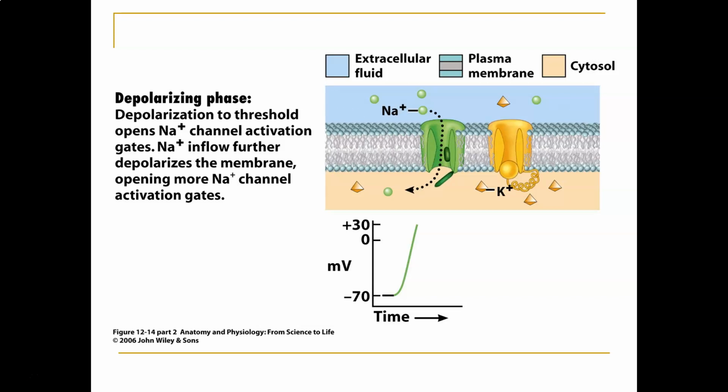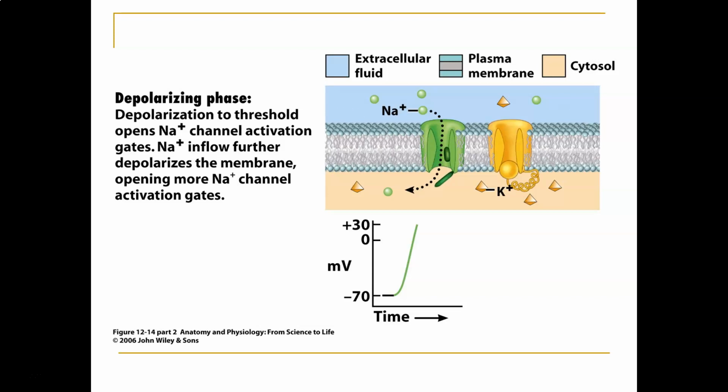Whether the sodium gate is opened or closed is dependent on the membrane potential. This is key to understanding how this works. At -70, the sodium gates are closed. But if you bring enough positive charge along the membrane from a graded potential, if there's enough of it that arrives, it can open those gates. So they're electrically controlled.